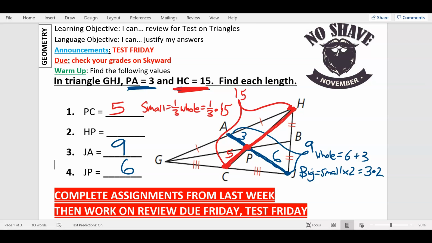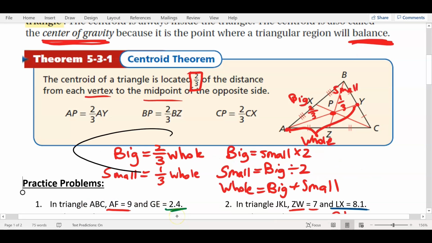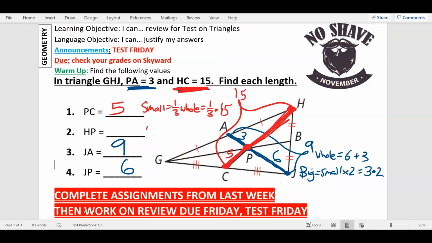What about HP? Big, small, or the whole thing? What do you think HP is? The big part, right? Again, back to the notes. If I want the big one, it's 2/3 of the whole. So let's do that. Big is 2/3 of the whole. So 2/3 times 15.